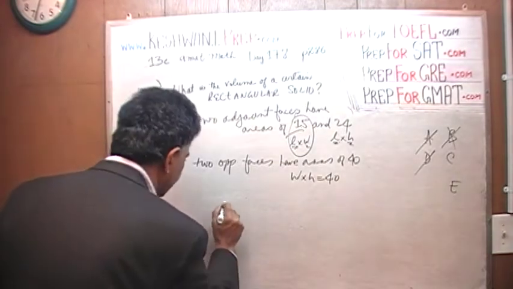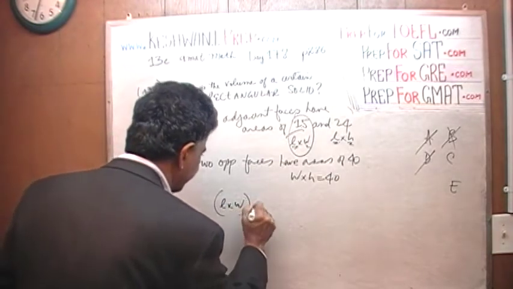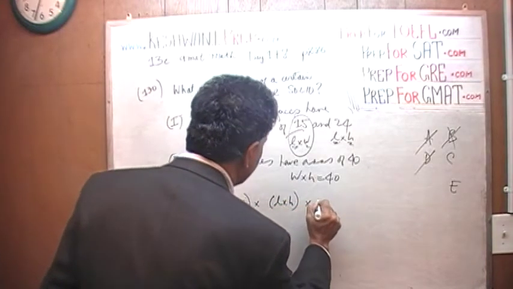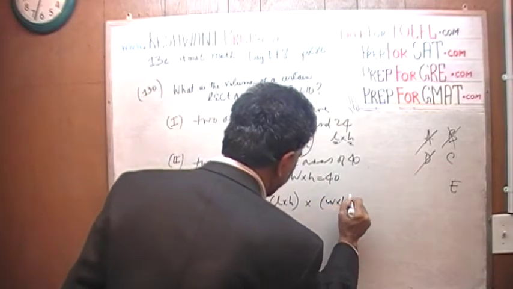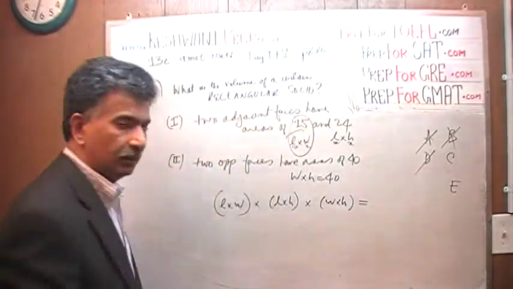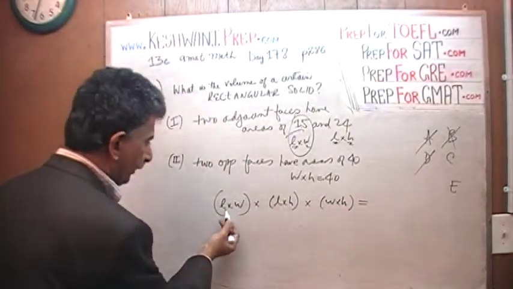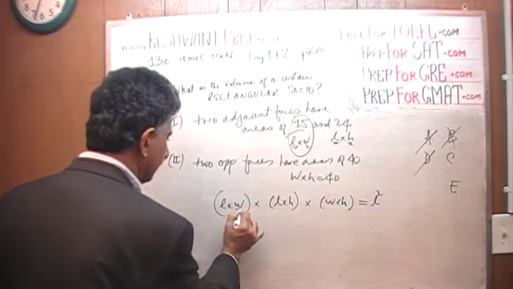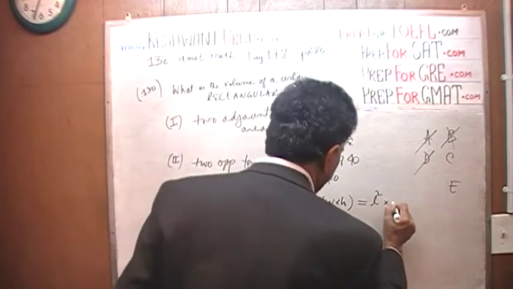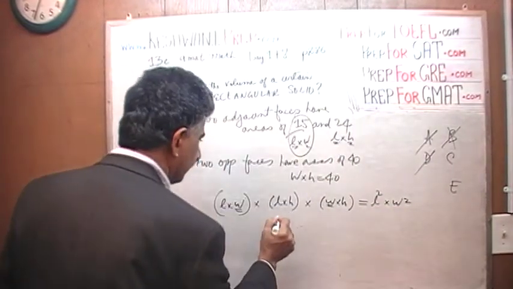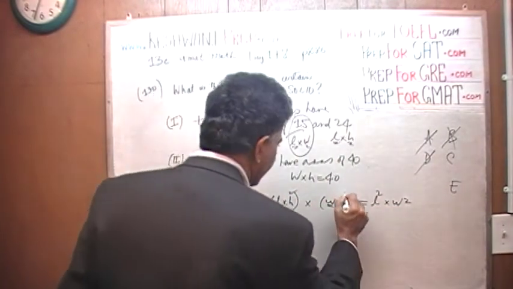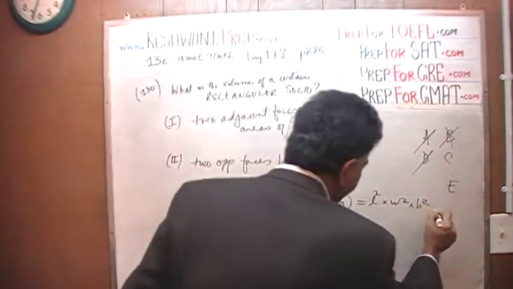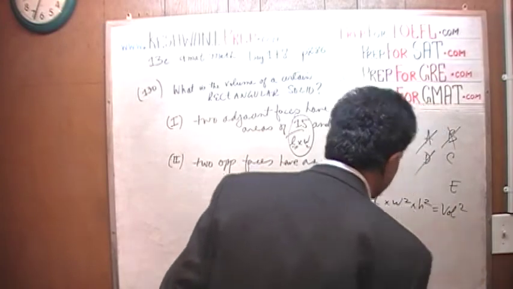We know that length times width times length times height times width times height has to equal length times length, which is length squared, width times width, which is width squared, and height times height, which is height squared. That equals the square of the volume.